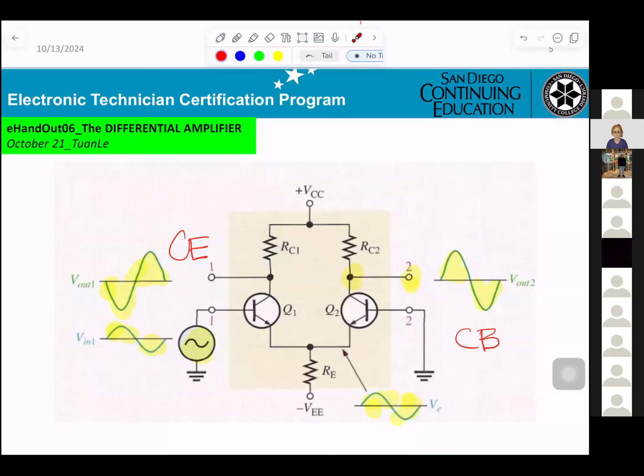Next step, they connect the input to Q2 and the Q1 input will be grounded. So one will be CE and the other one will be CB. And the last, they connect input to Q1 and input to Q2. That's what will be in the next.